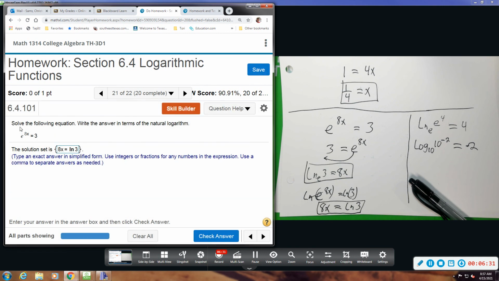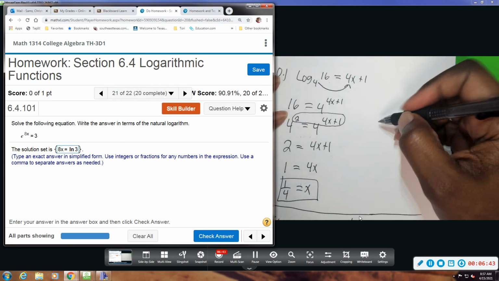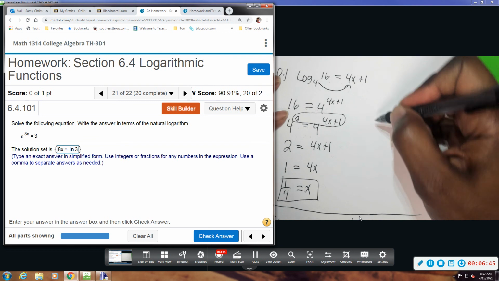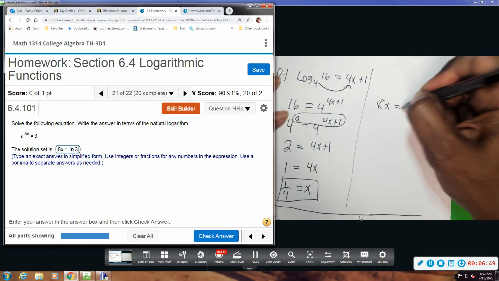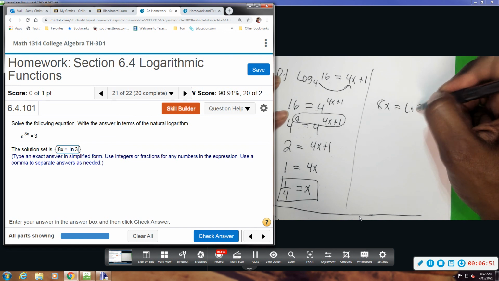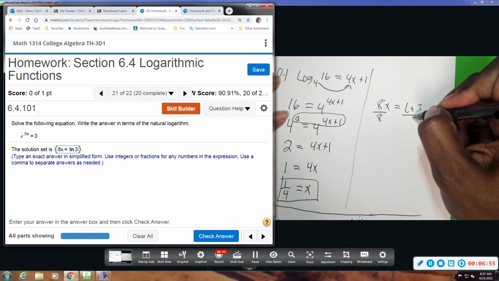Okay, so do they actually want us to solve it? Solve the following equation, write it in terms of natural log. Okay, so we want to solve, we're going to continue to solve for x. So I'm going to do one more step. From this step right here, I have 8x equals ln of 3. So you're going to divide by 8 on both sides to get x by itself.